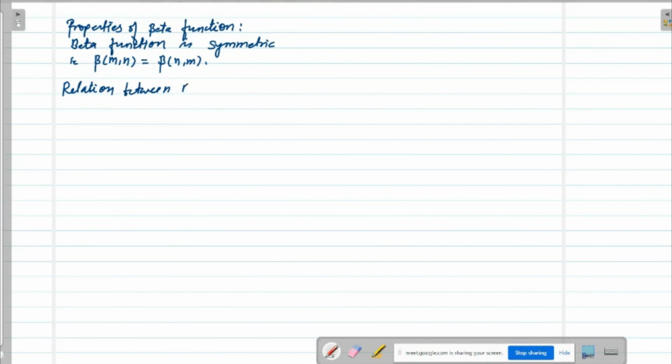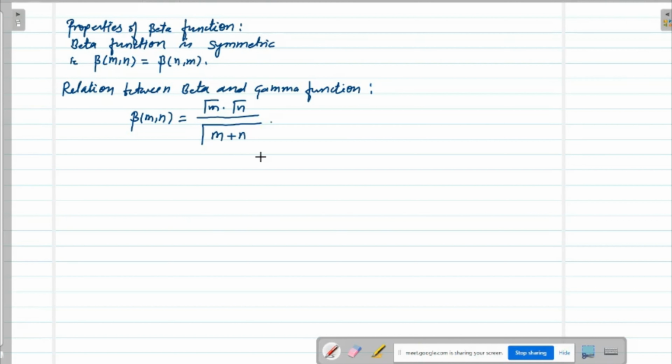You have the relation: beta of m, n can be written as gamma of m into gamma of n divided by gamma of m plus n. So this is the relation between beta and gamma function.